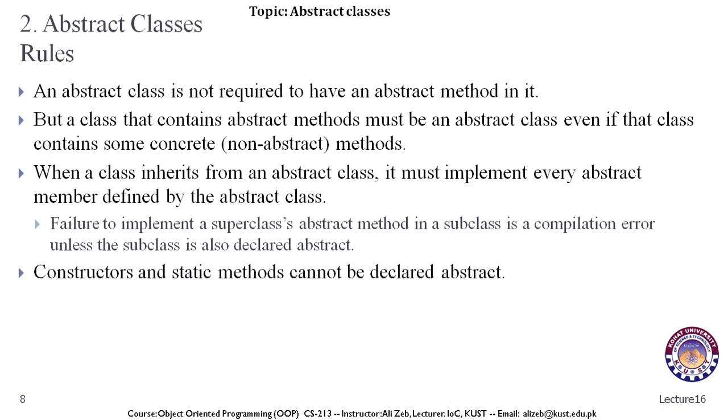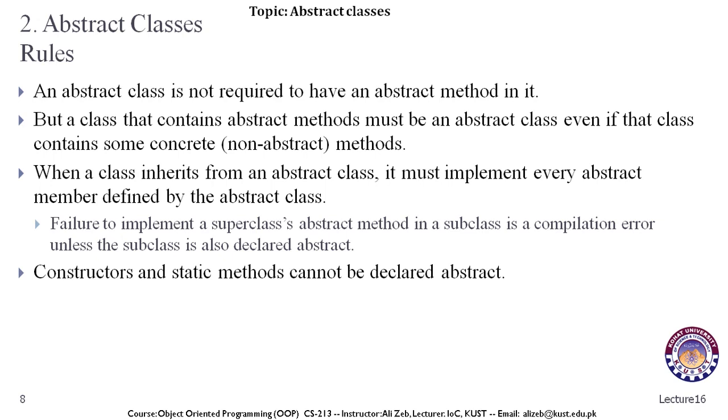So there is no way that we can get away with the non-implementation of the abstract method in the subclasses, because without the implementation of the abstract methods of this abstract class, the abstract class will not be complete.